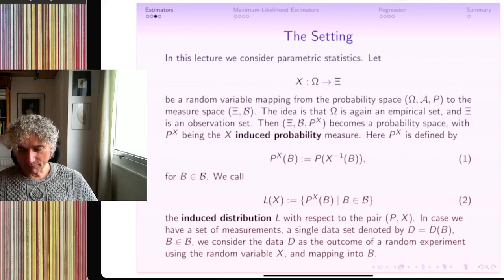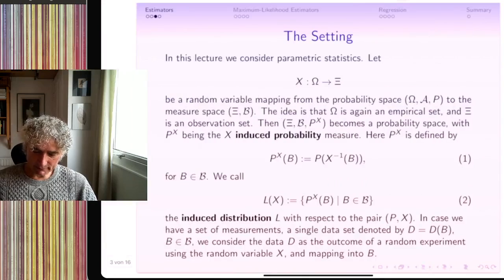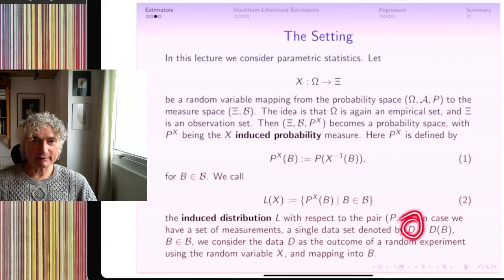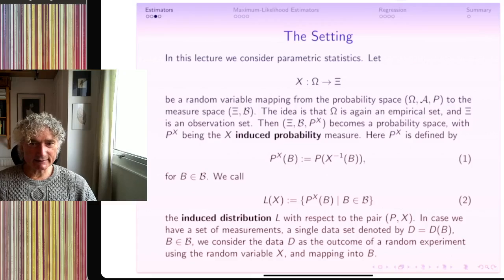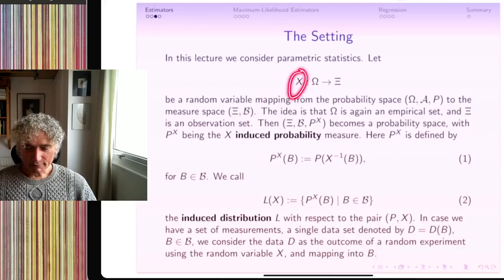So in general we will denote the data by capital D, and any given single set of data D will be thought to have been created by a single set B in the measure space (Xi, B), and then we take the random variable X to produce the data.